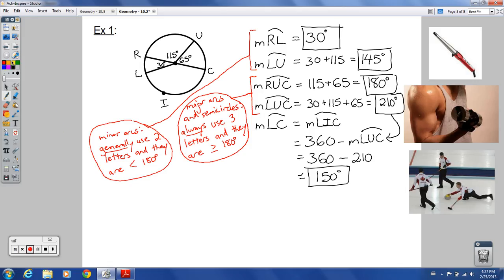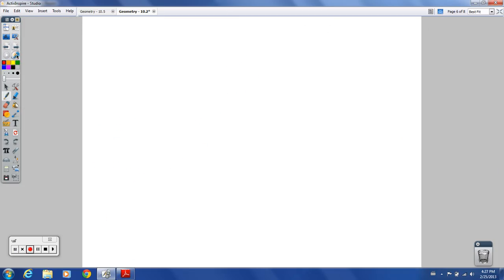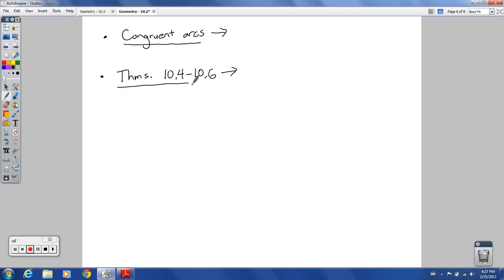Okay, that should do it for example 1. I want to point out a couple things in the book with the next things we're going to write down. We're going to have a couple things here about congruent arcs and theorems 10.4 to 10.6. I'm not going to have you write all this stuff out. I do want you to have this on your notes though as reminders.